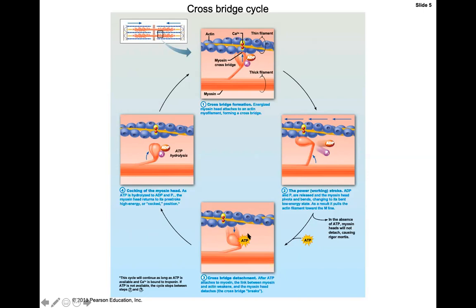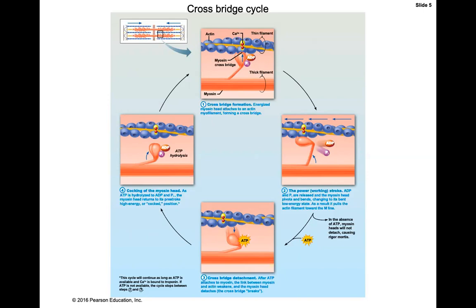So you go from this relaxed position to this cocked position where the myosin head is facing up. Because of the change in the position of the myosin head, it can now interact with the binding site on the actin, as you can see right here. The interaction that is created is referred to as a cross bridge.